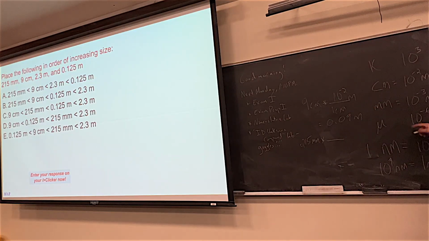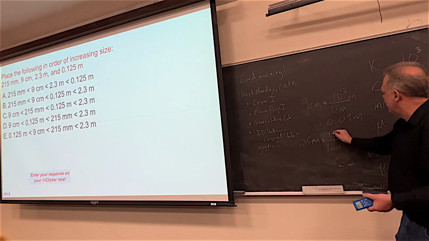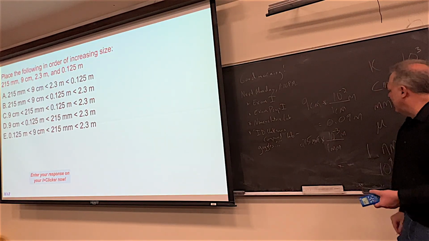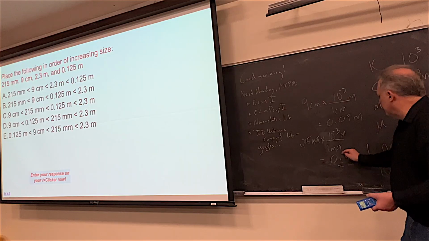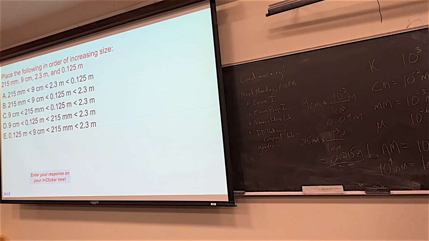Now you can use, like this one right here, 1 millimeter, 10 to the minus 3 meters. All right, again, that cancels out. 0.215 meters would be the value. So if you look at all these numbers then, 0.09 meters is actually the smallest of all of them.